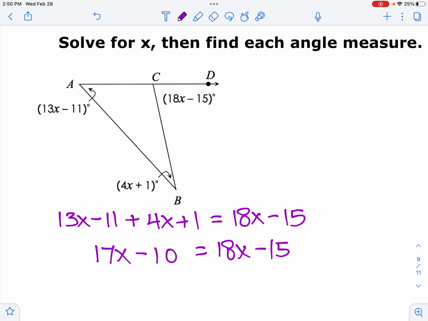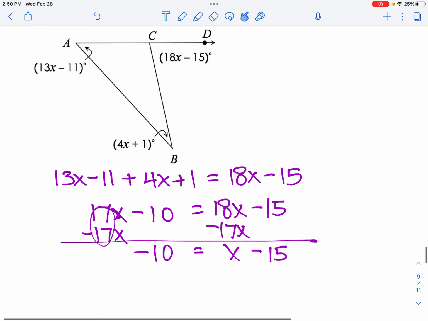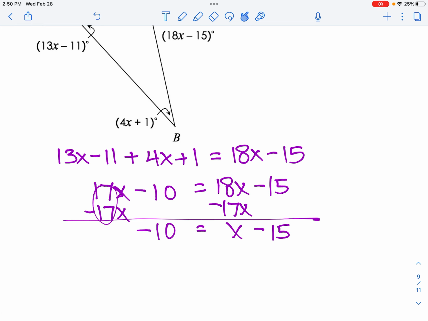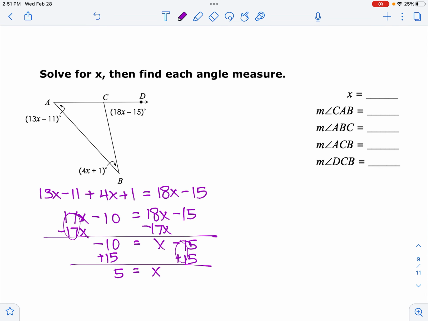So then subtract 17x from both sides. Get your x's all on one side. This is negative 10 equals 1x, or just x. Okay, and then let's see, we want to add 15, add 15. Okay, so x equals 5.